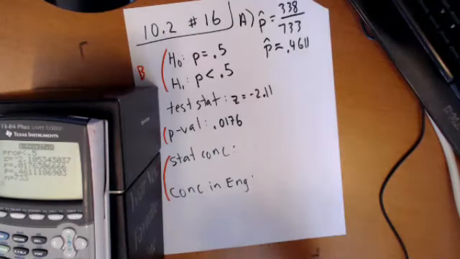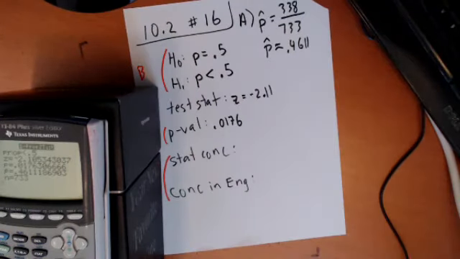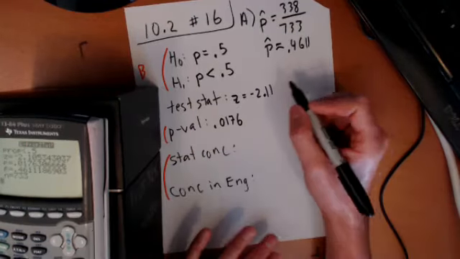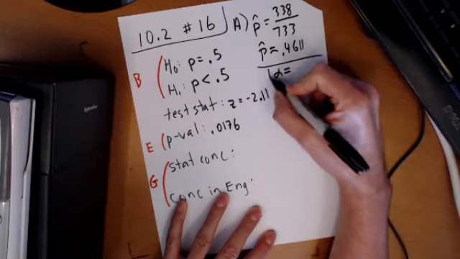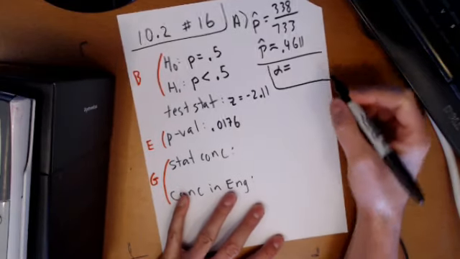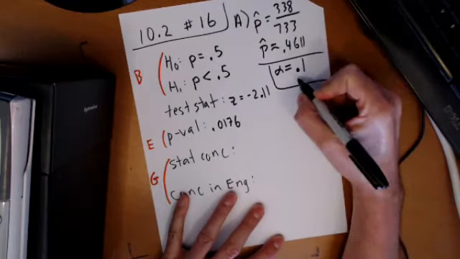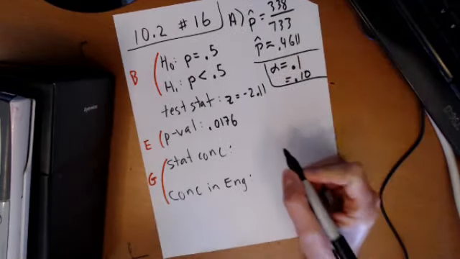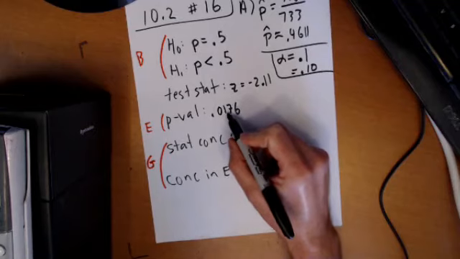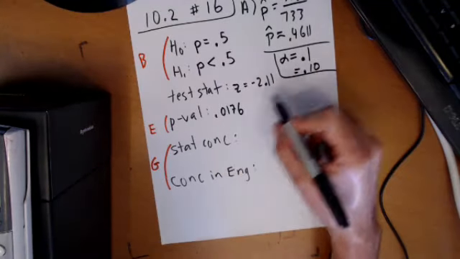And then if you sneak down and read the problem a little bit more, in part G, we're doing problem number 16, they randomly tell us that they want the alpha, the significance level, to be equal to 0.1. I usually call it 0.10. So that way I can see that my p-value is less than my alpha.